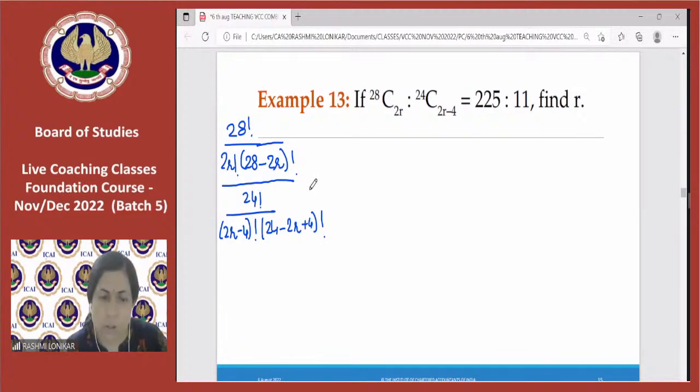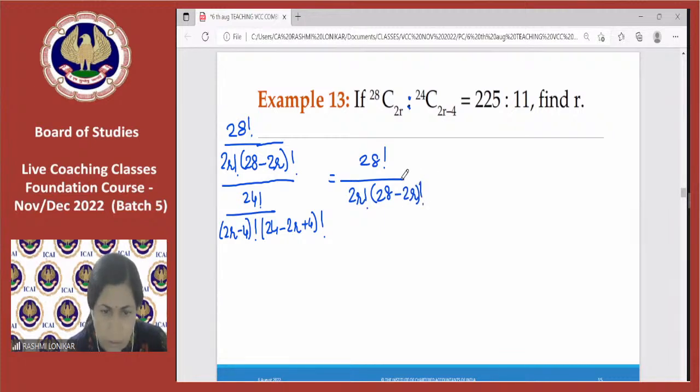Okay. So this sign is to, so that means 1 upon the other. So I have a fraction in the denominator. I will flip it. So what will I get?